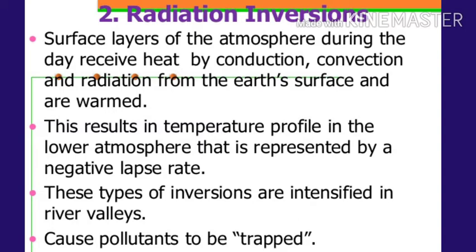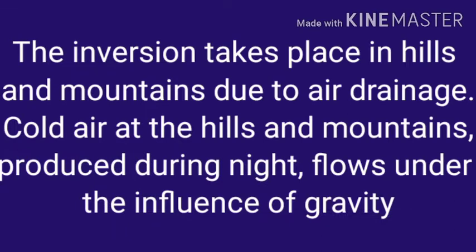For example, long winter nights, so that long wave radiation results in loss of heat and the ground surface becomes too cool. And second example, we can take the slow movement of air. If the air moves slowly, there is no transfer and mixing of heat in the lower layer of the atmosphere, so it can cause a ground inversion.